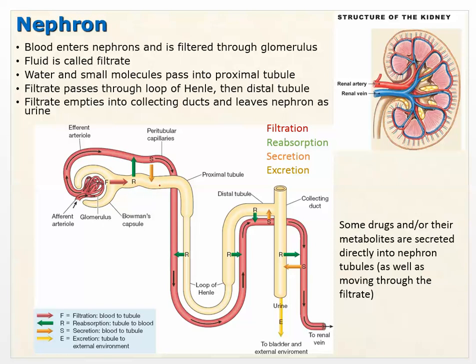Now, there's something else that is really important to drugs, and I have down here written that some drugs and/or their metabolites are secreted directly into the nephron tubules. What that means is that there are little pumps here along the nephron that will actually recognize certain chemical properties of drugs and then pull them right into the nephron so they can be excreted.